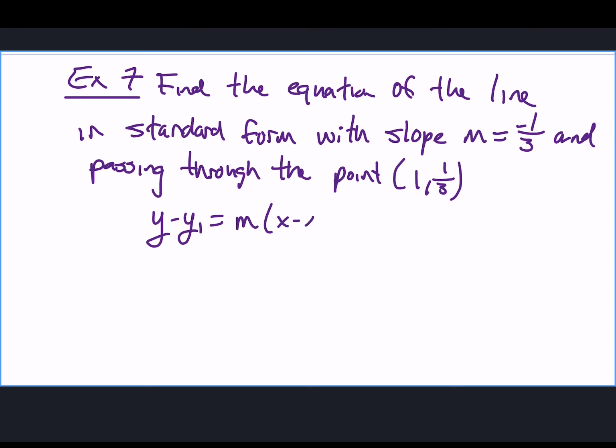Why couldn't we use slope-intercept form? Because you don't have the intercept. You can't sub in the 1/3 for the intercept, because x would have to be 0. Okay, so we do y minus what value? 1/3 is equal to negative 1/3 times x minus 1.